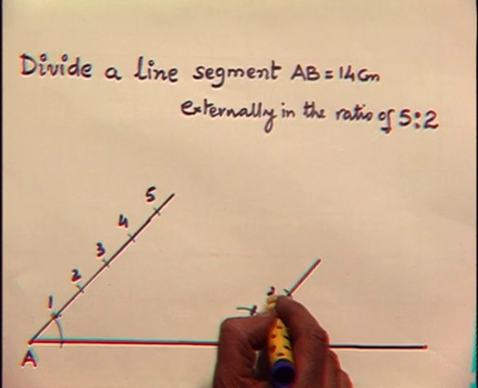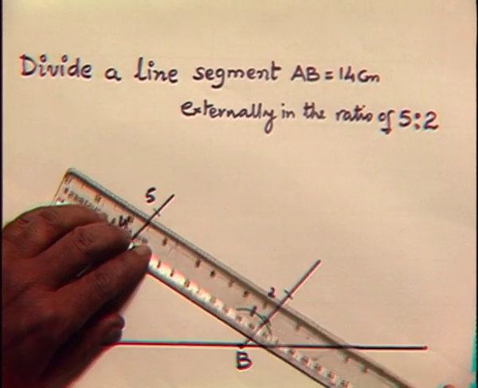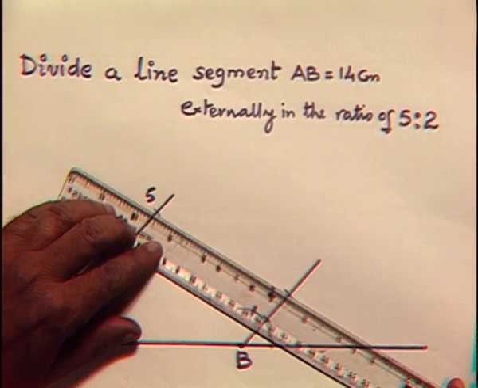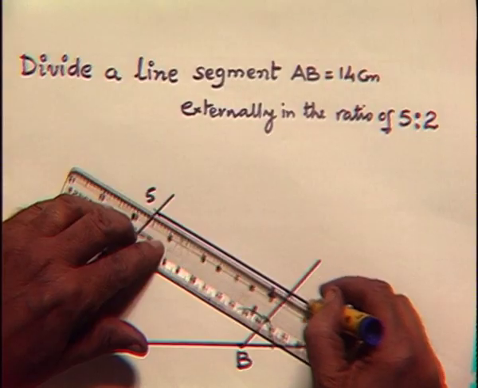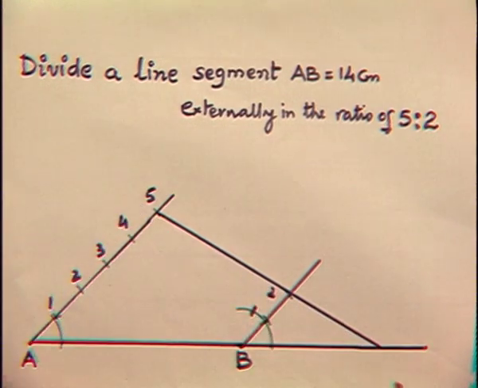Joining 5 and 2, we get this point E, let us say, which divides AB externally in the ratio of 5:2.